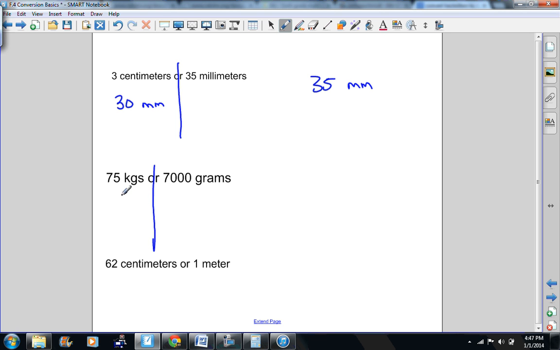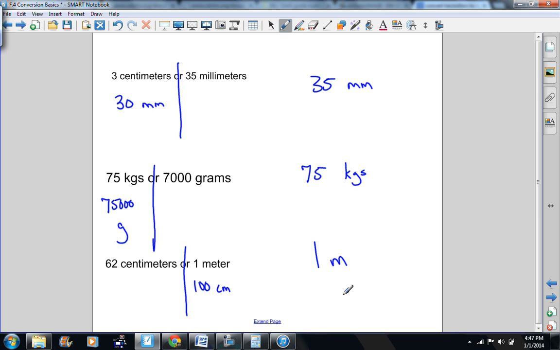This one, 75 kilograms is 75,000 grams, which is bigger than 7,000. So 75 kilograms is bigger. And finally, the last one, 62 centimeters to 1 meter. Well, 1 meter is 100 centimeters, and that's bigger than 62. So 1 meter is bigger there.